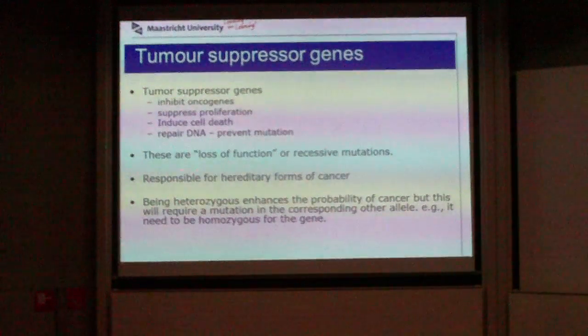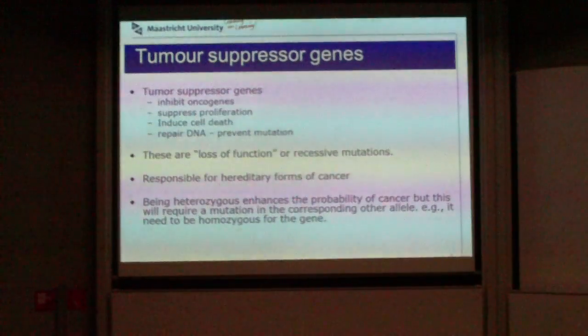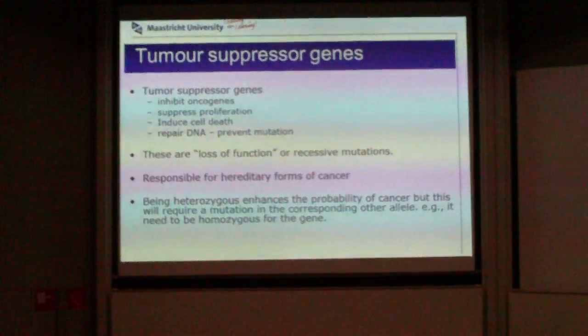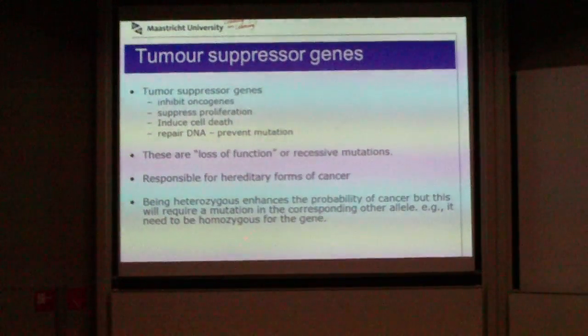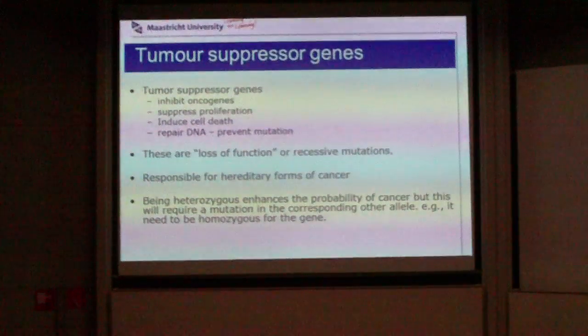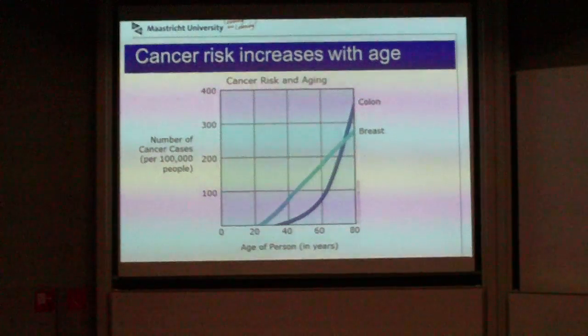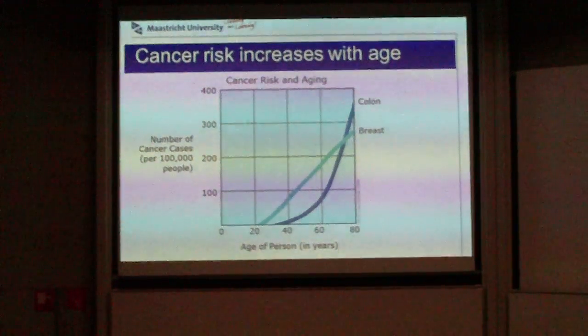So they are loss of function, recessive mutations, not dominant, responsible for hereditary forms of cancer. And if you are heterozygous, then you will require just one mutation. So it's all about statistics, it's chance calculation.